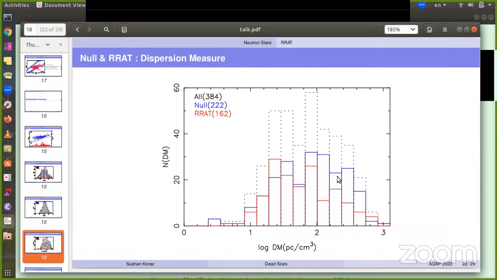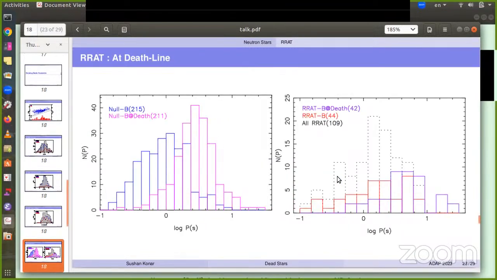So there have been many suggestions as to why the nulling pulsar behavior is different from RRATs if they are similar objects. This was one of the very strong suggestions, but if you look at the population properly, this really doesn't work.